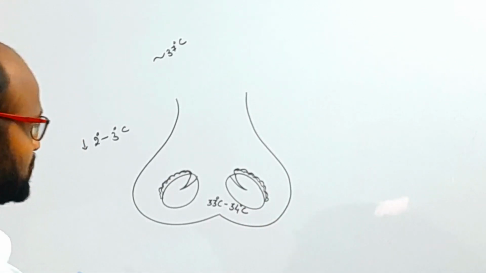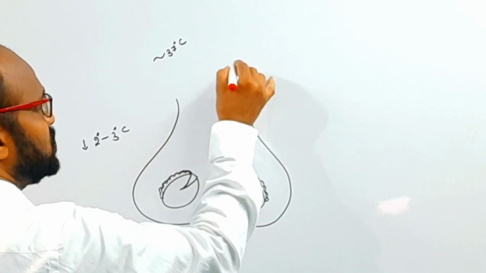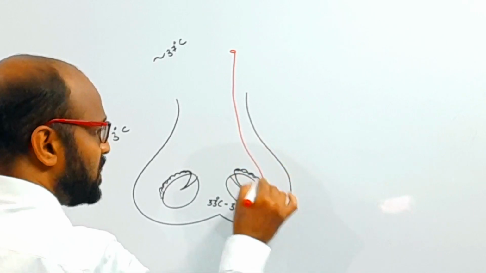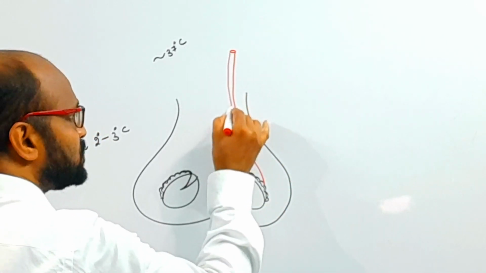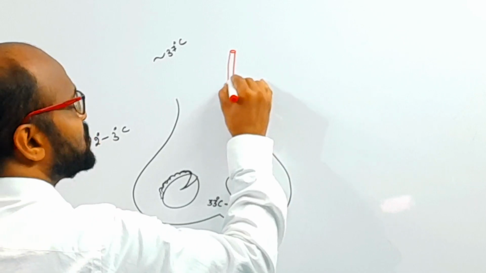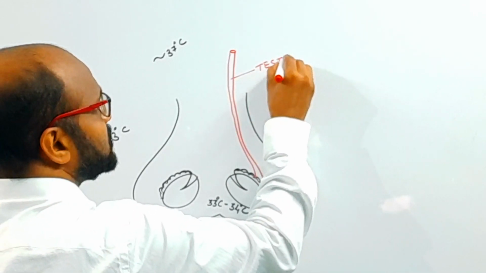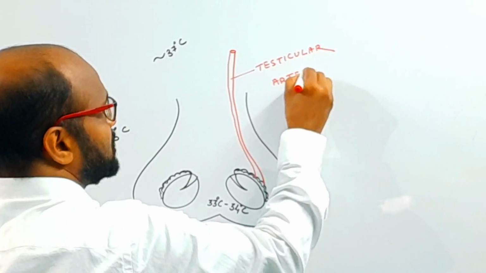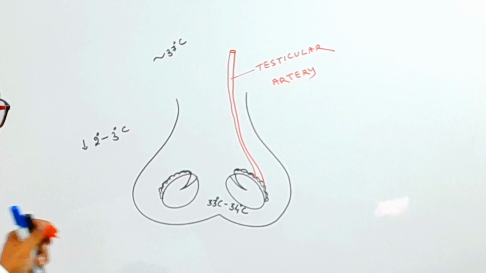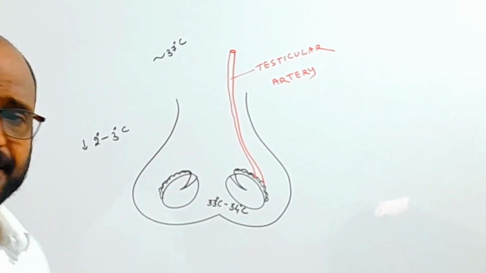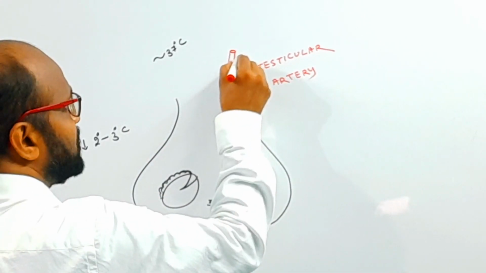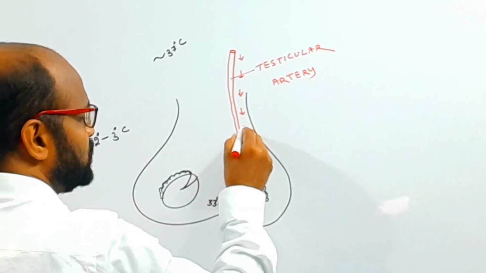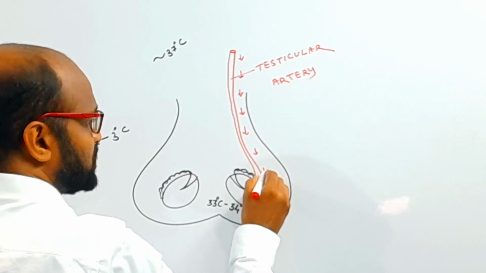But the testis receives blood from the arterial blood supply. Suppose this is the testicular artery. The testis receives its blood supply from the testicular artery, which carries blood from the body to the scrotum or the testis.